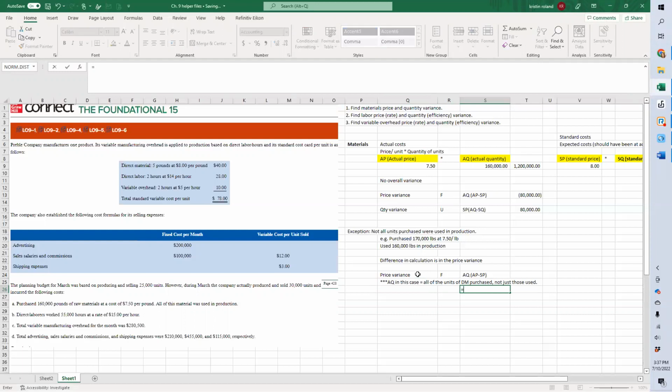So then my formula here would be, what is my AQ? In this case, my actual quantity purchased is 170,000 pounds. And then the rest is going to be the same: the 750 minus the 750 from up here, minus the 8 from up here.